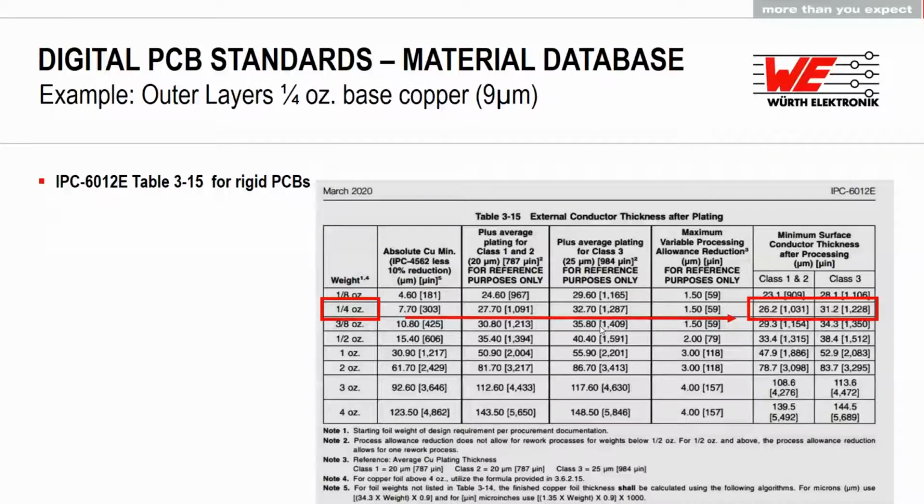So finally ending up in a minimum surface conductor thickness. This is external, not internal. So outside outer layer, starting 9 micron, ending up in class 1 and 2 with 26.2 micron or 31.2 micron for class 3 application. So plated base foil, as we have named it in our material database.